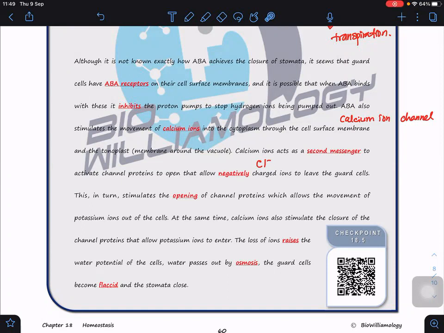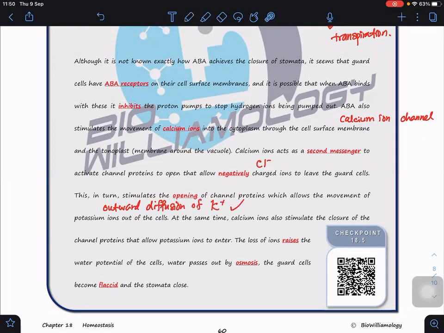Therefore, it will stimulate the opening of channel proteins which allow the movement of potassium ions, because you have the electrochemical gradient. So it allows potassium ions to move out. This is the outward diffusion, so outward diffusion of K plus is allowed.